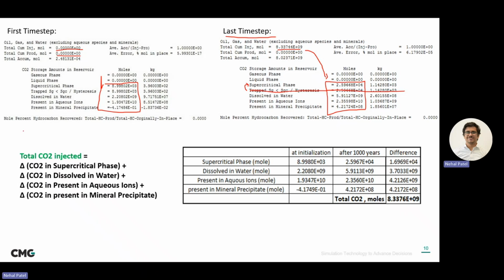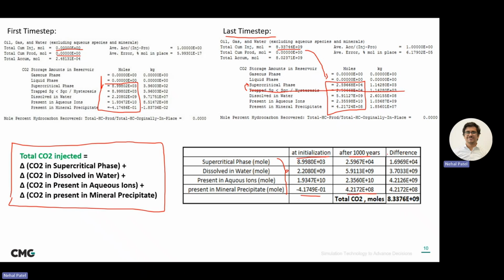This is the formula we should use if we are using the inventory CO2 total keyword. Here is the table with CO2 in four different forms for this particular example. At initialization these were the numbers, and after 1,000 years of simulation these are the updated numbers.